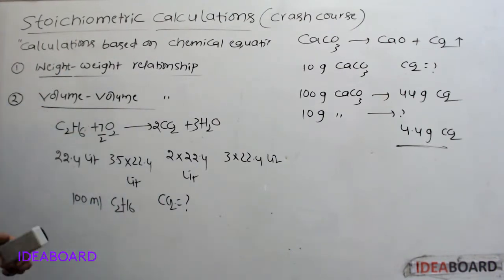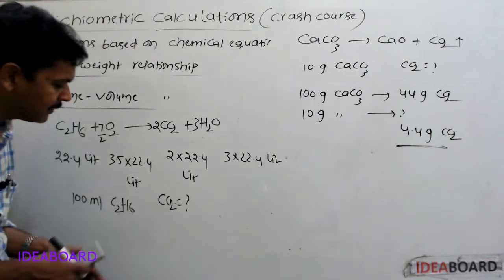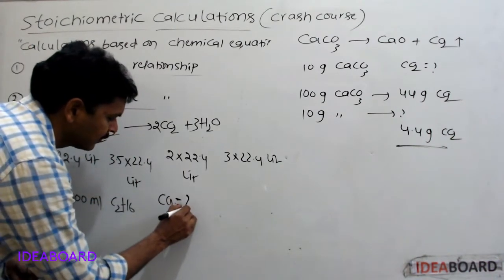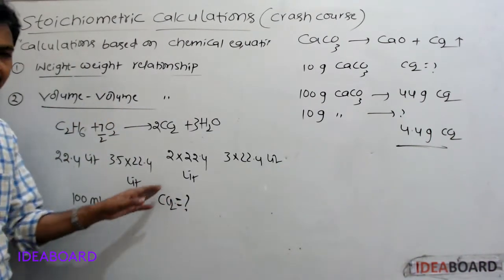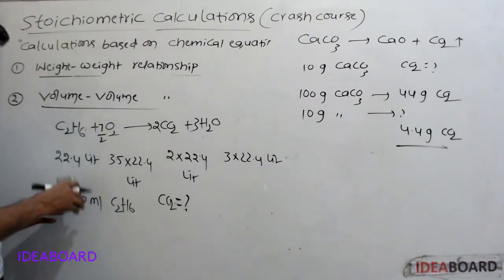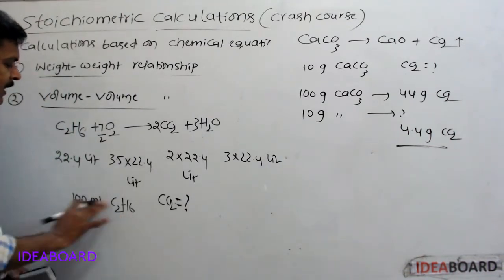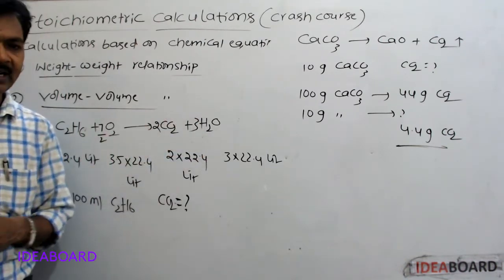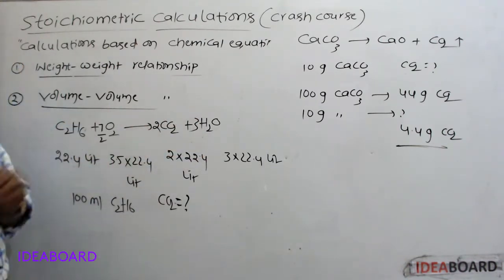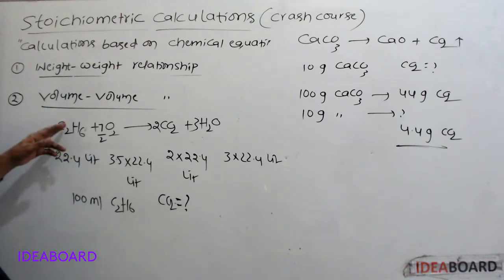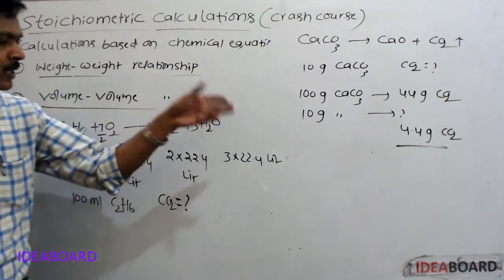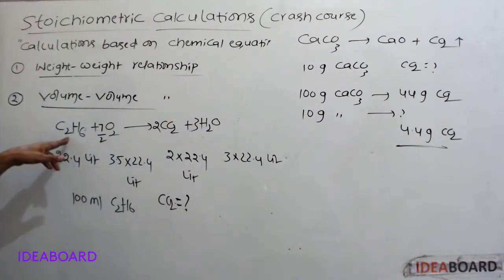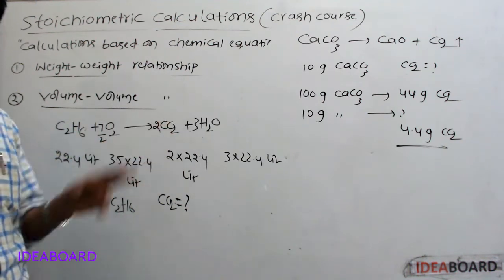Calculate the volume of CO2 gas liberated during the combustion of 100 milliliters of ethane. First, we should write this stoichiometric equation. From this equation, 1 mole of ethane gives 2 moles of carbon dioxide.